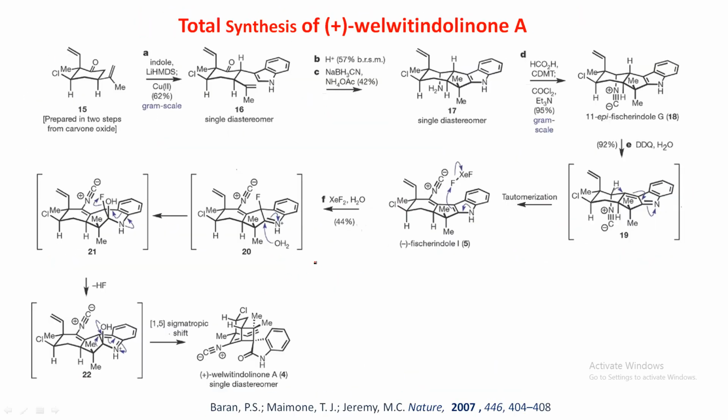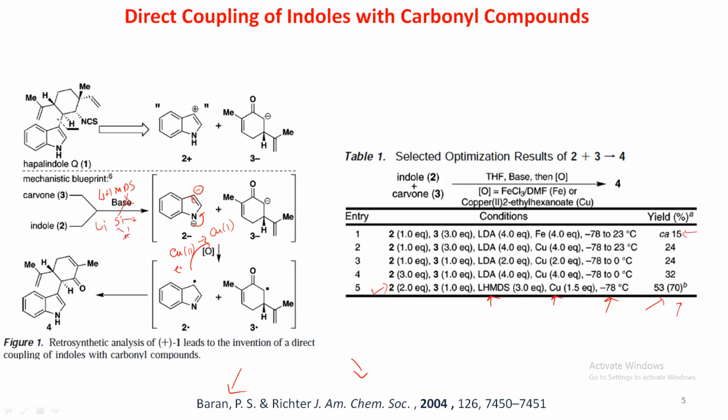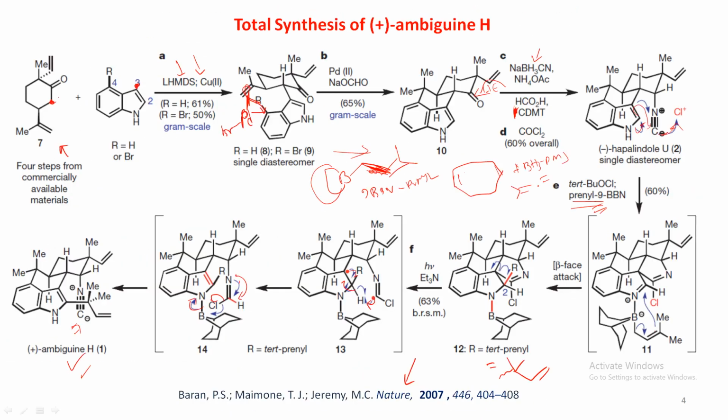In the same paper they have also published related compounds, but today we are not going to discuss that, because I think this is enough for today. This is quite new for many of you, how they have optimized this carbon-carbon bond formation reaction.